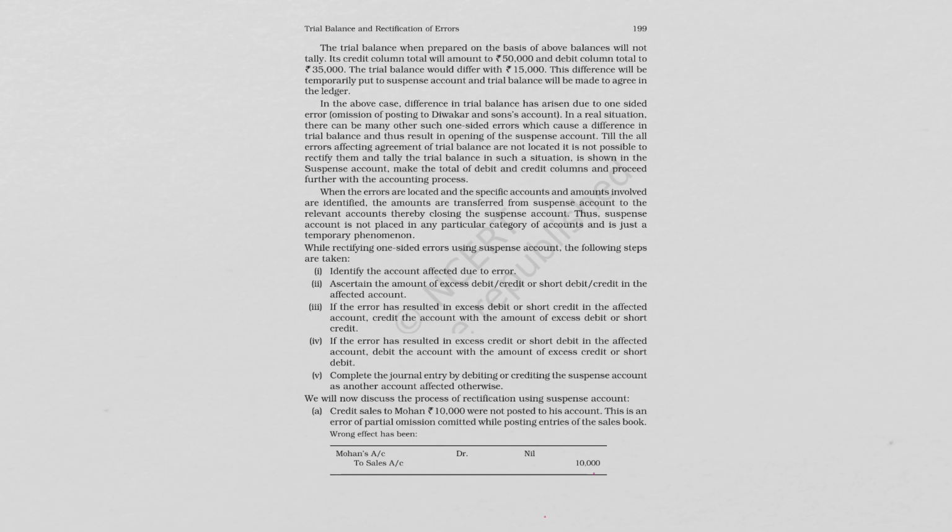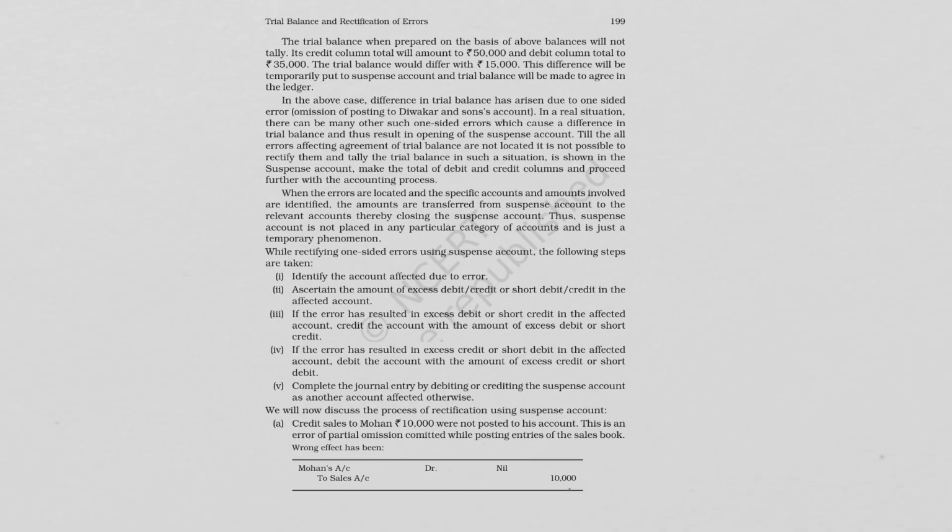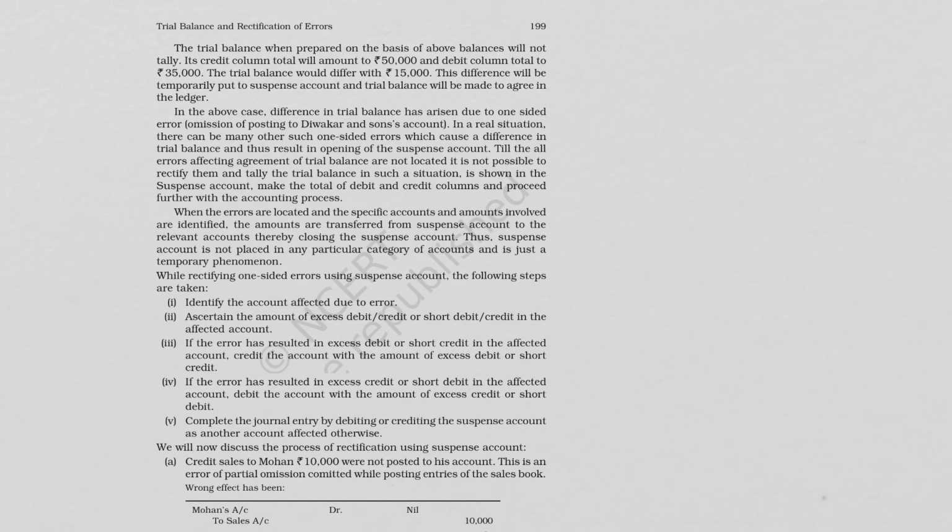But since this error has occurred, the entry for Divakar and Sons 15,000 was not posted. That means the ledger would contain only Ashok Traders rupees 20,000, Bimal Service 10,000 and Chopra Enterprises 5,000. That is, the total posted would be rupees 35,000. But the sales account shows rupees 50,000.